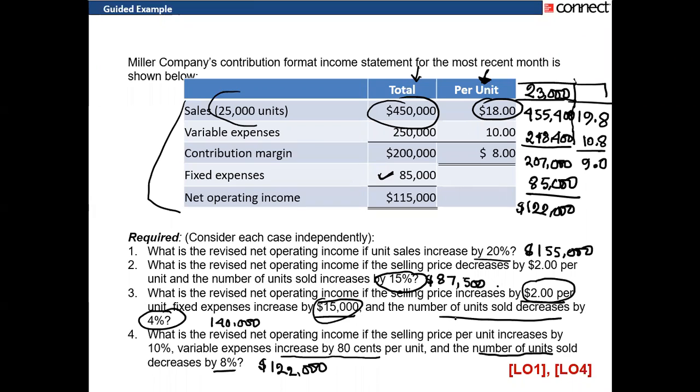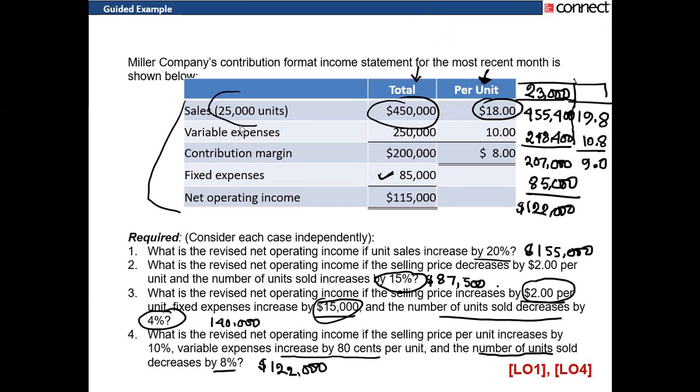So you see, so many things are happening in the 4 requirements or 4 independent cases. But in which case do we have the lowest net operating income? The base case or any case among the 4 cases we discussed?